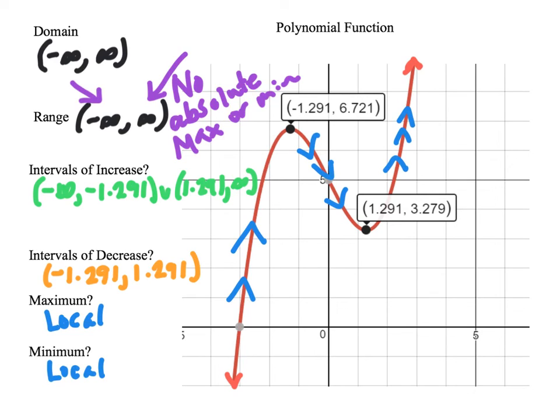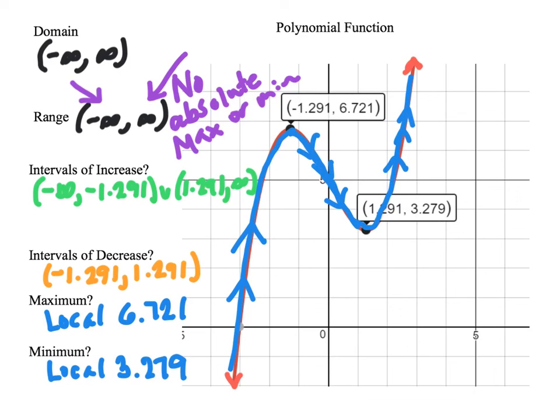Notice in this first path, our graph hits a maximum value of 6.721, and then it goes down. At 6.721, that is a local maximum. Here, where our graph goes from decreasing and it turns to increasing, we're going to have a low point in that graph, and that will be the local minimum, 3.279.